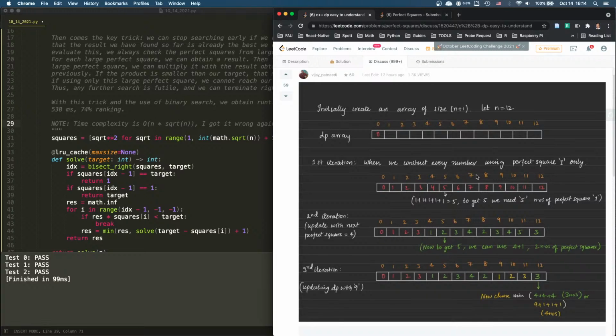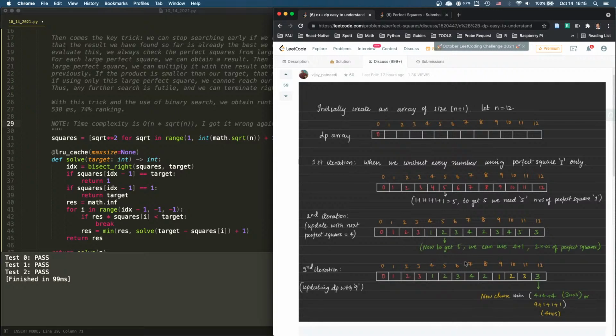So the remainder is 1, the quotient is 1. Remainder is 2, quotient is 1. Remainder is 3, quotient is 1. Remainder is 0, quotient is 2. Yep. The remainders are the ones that we can do using 1.